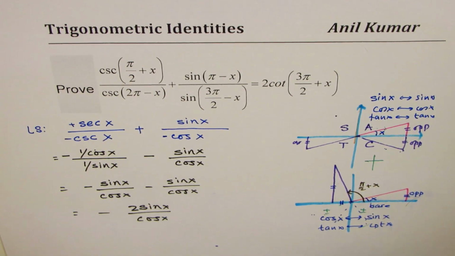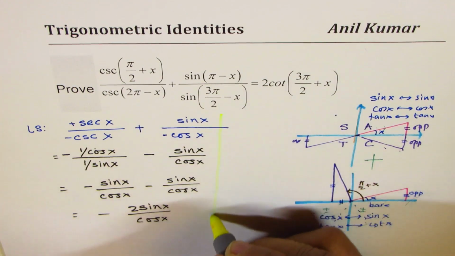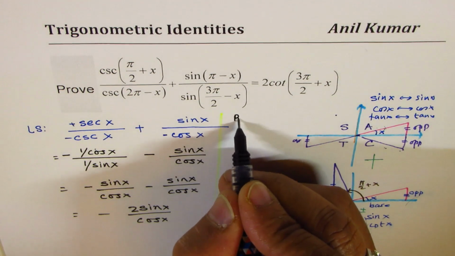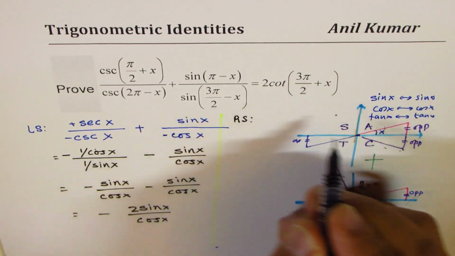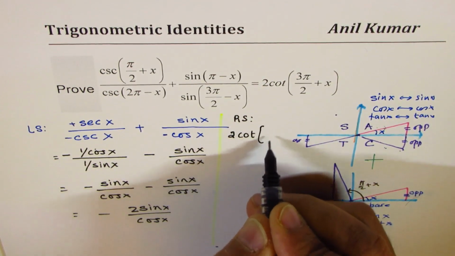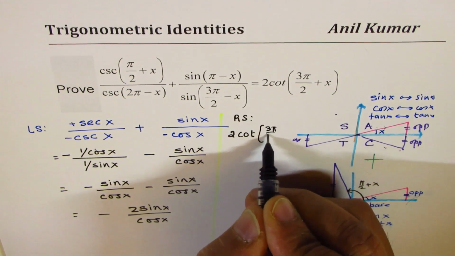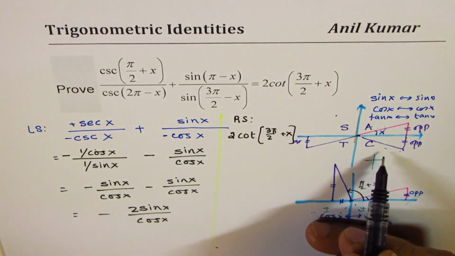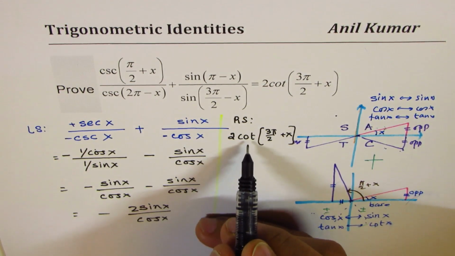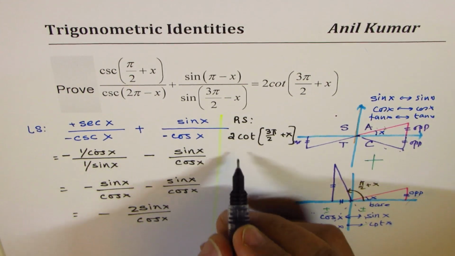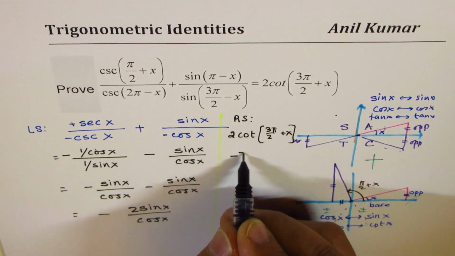Now let's look into the right hand side. Okay, so on the right side we have 2 cot 3 pi by 2 plus x. 3 pi by 2 plus x means you are in quadrant 4, so this has to be negative for cot, since cot is cos over sine, which is negative here. So I'll write this as negative 2 here.